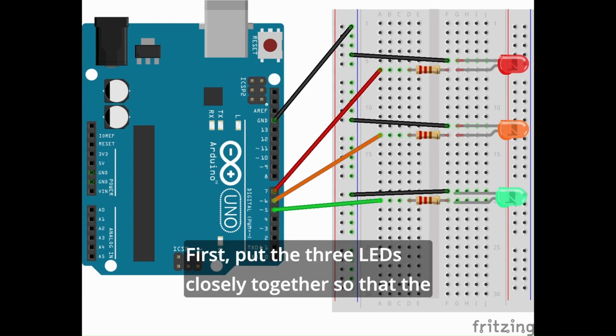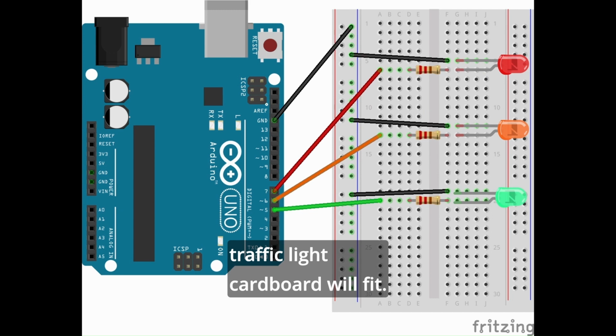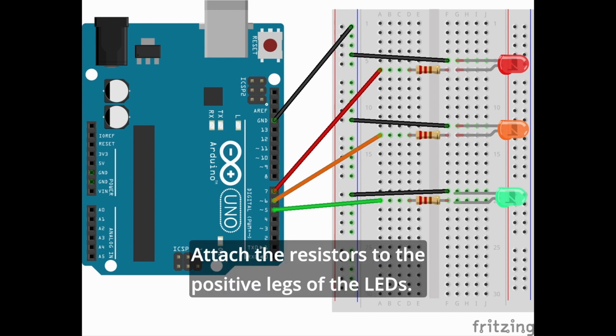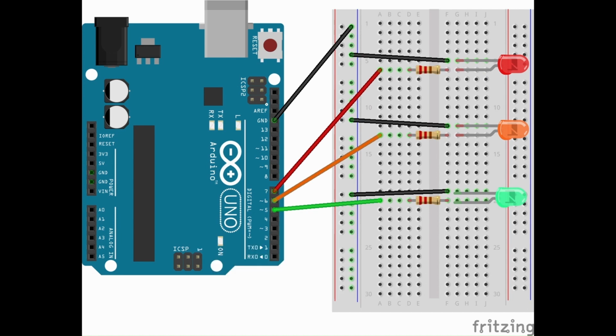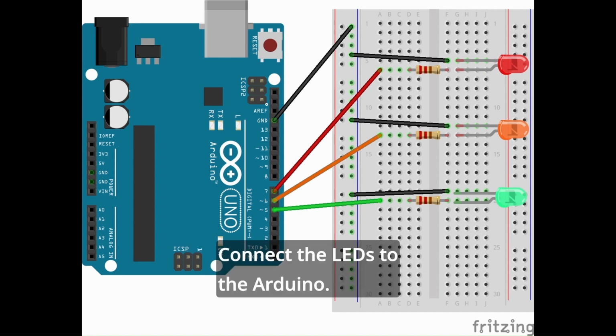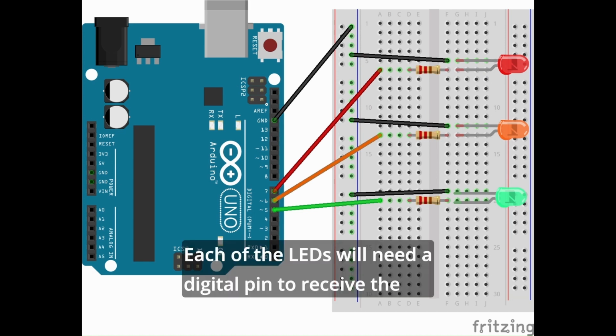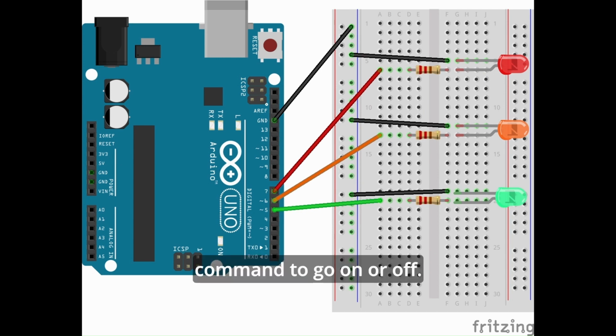First, put the 3 LEDs closely together so that the traffic light cardboard will fit. Attach the resistors to the positive legs of the LEDs. Connect the LEDs to the Arduino. Each of the LEDs will need a digital pin to receive the command to go on or off.